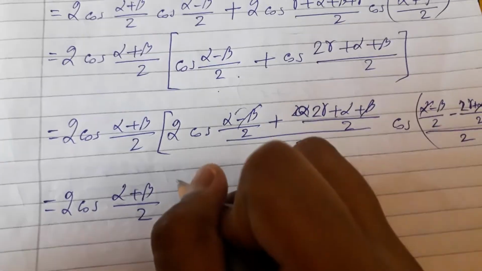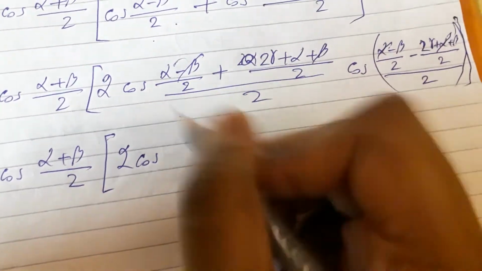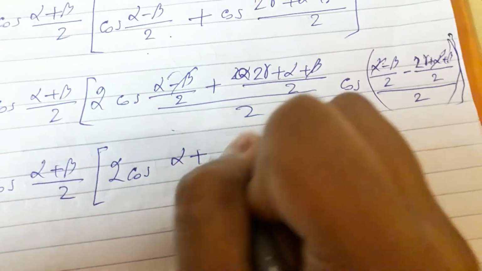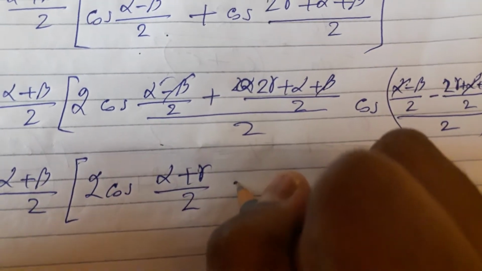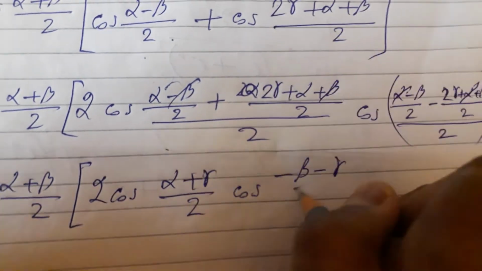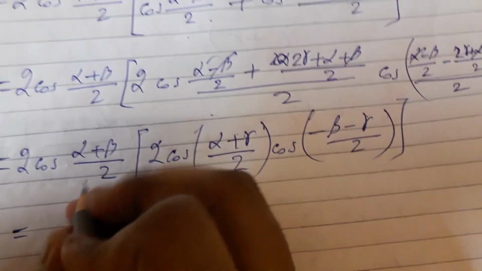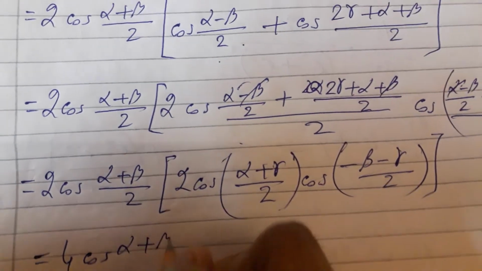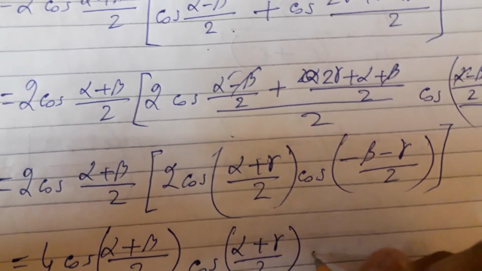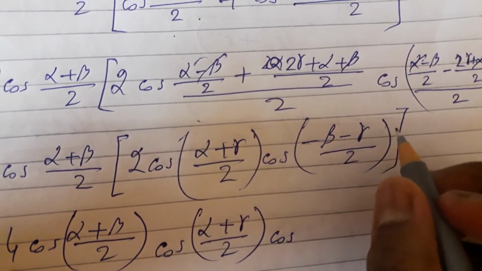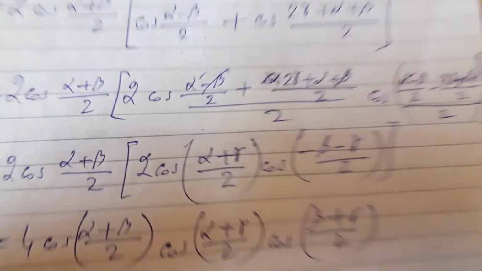So after solving the whole part we will get 2 cos((alpha plus gamma)/2) cos(minus (beta plus gamma)/2). Then we multiply by 2, that is 4 cos((alpha plus beta)/2) cos((alpha plus gamma)/2) and cos. We can eliminate the minus here because cos(minus theta) equals cos theta, as you all know. So you can write (beta plus gamma)/2, and hence proved.